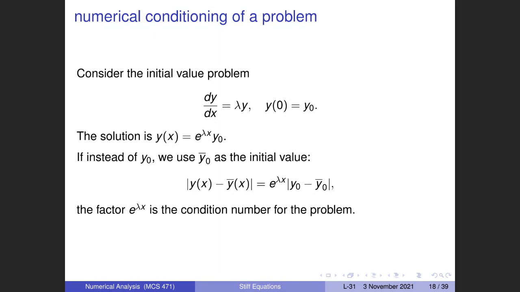So again, for our test problem, we have an exponential there, but notice that the end value for x is typically 1. So what we have is a condition number that is actually very good. So it's 2 something. So the dependency on the initial value should actually not worry us that much. So the test equation is well conditioned.